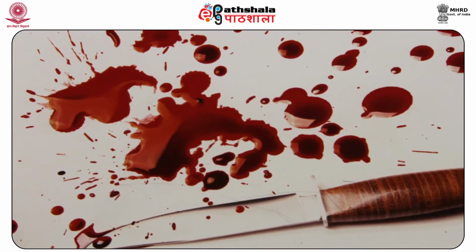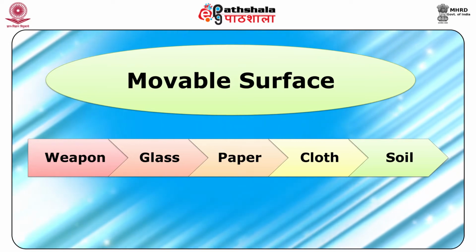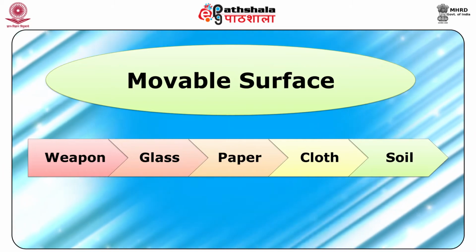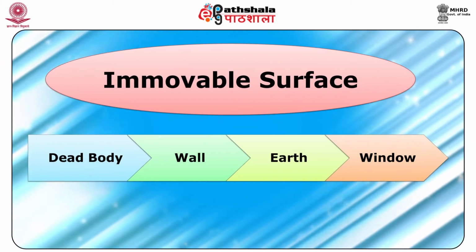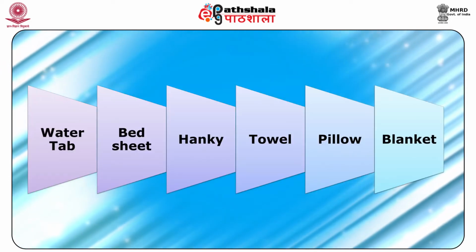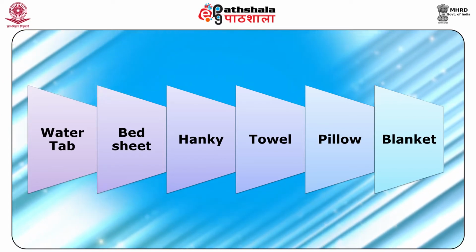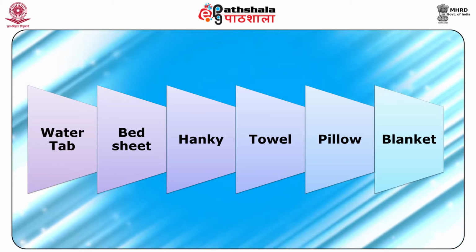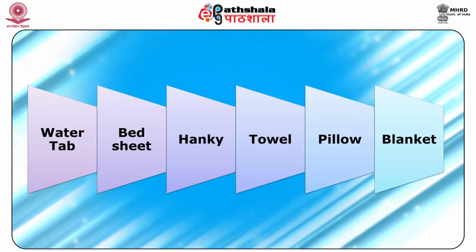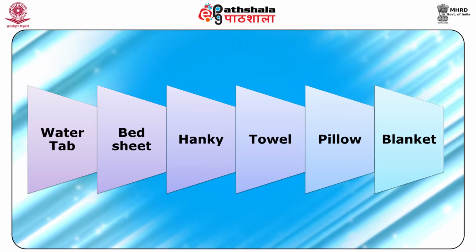The nature of blood is that it is found to be red in color on movable surfaces like weapon, glass, paper, cloth, soil, vehicle, wood, etc., and on immovable surfaces like dead body, wall, or surfaces, windows, etc. Any articles like water tap, hanky, towel, bed sheet, pillow, blanket, certain mat are also examined at the time of collection at the crime scene because the criminal may come in contact with the article during committing the crime.